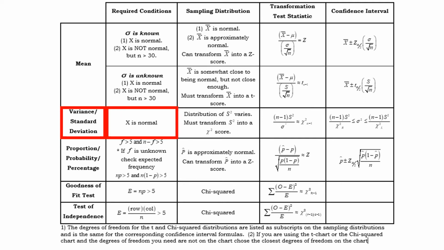When we look at our required conditions, the only condition that's required is that the population we're sampling from is normal, right? We were told to assume this in our problem. Now, understand, this is a critical assumption. If this turns out not to be true, then nothing we do in the rest of this problem would make any sense or be valid in any way.